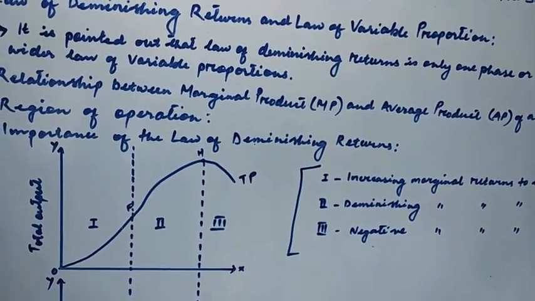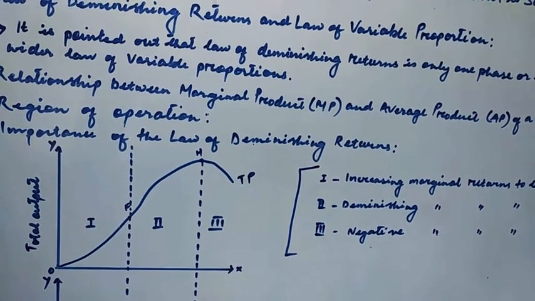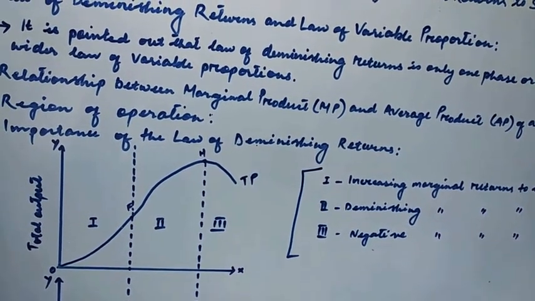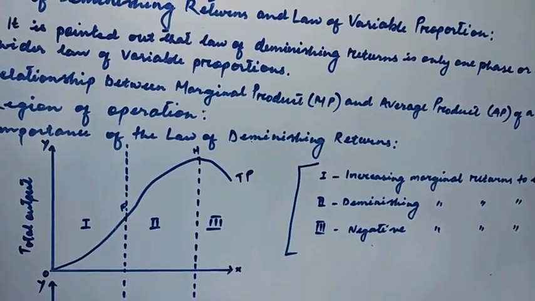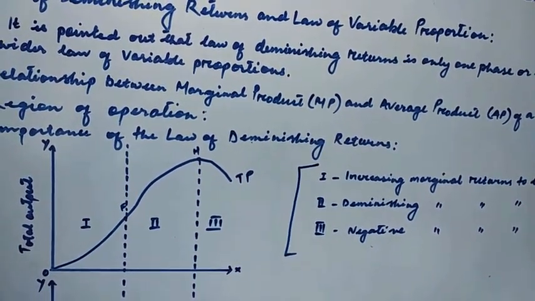Considering that, and looking at modern economic theory, the distinction between the law of diminishing returns and the law of variable proportion is not usually made.